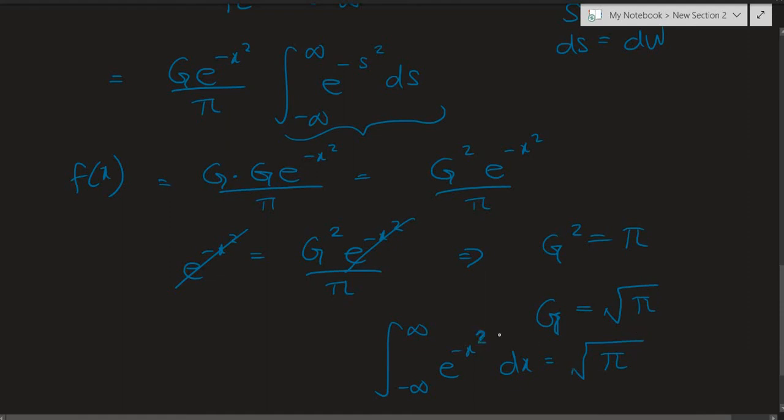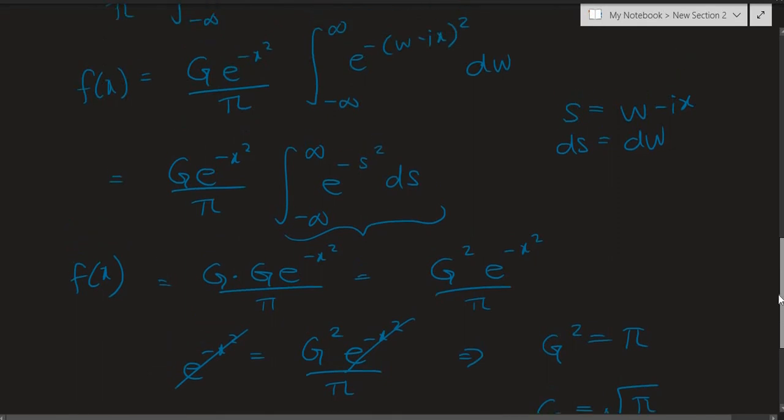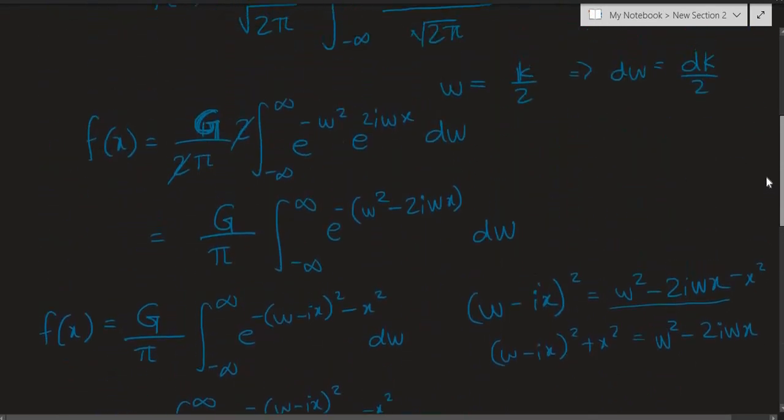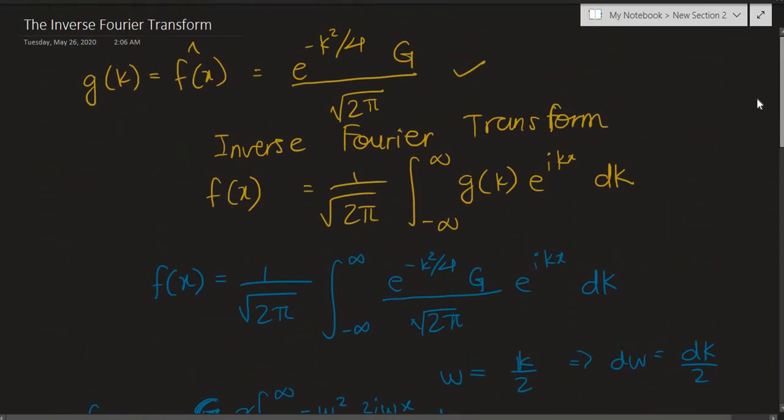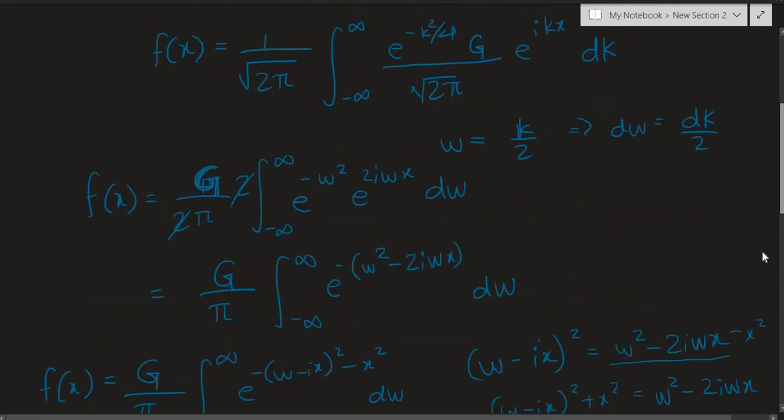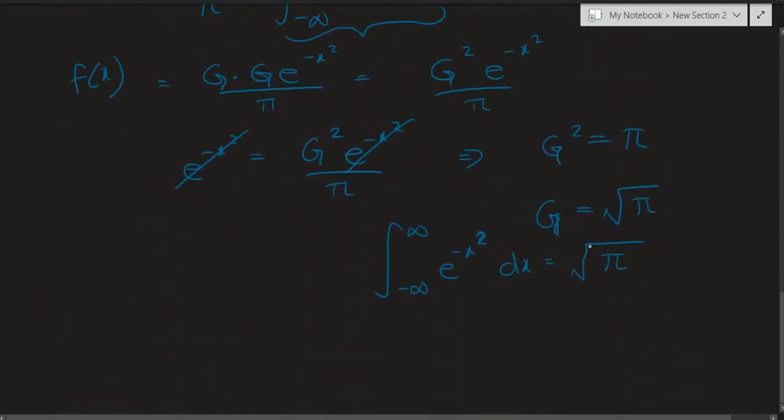So that's a shorter way of doing the Gaussian integral with the Fourier transform. We don't need to go through Poincaré's theorem for this. We just invert the Fourier transform and equate that to our original function f of x.